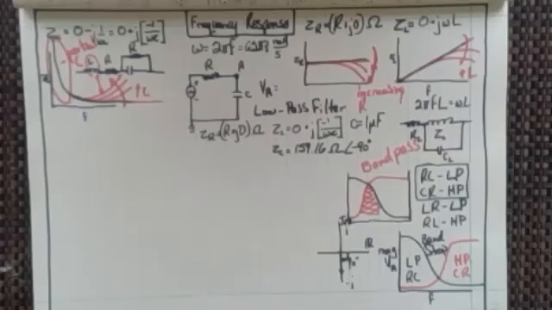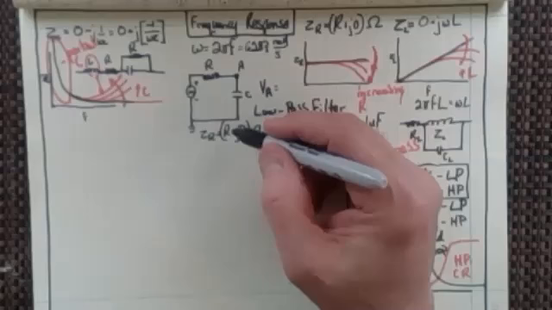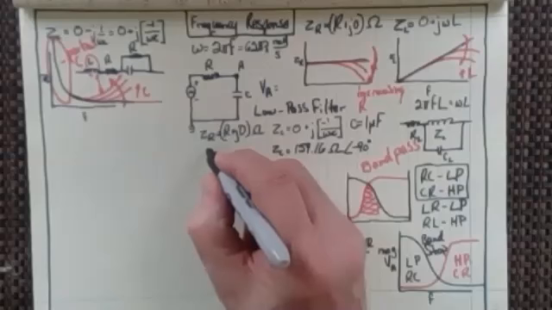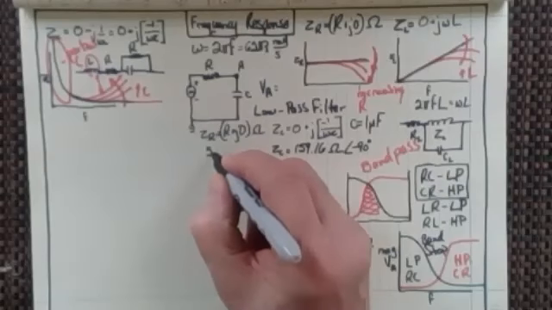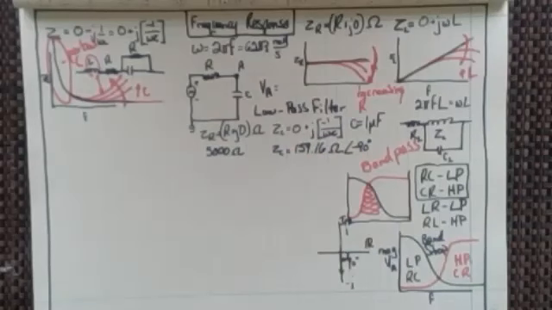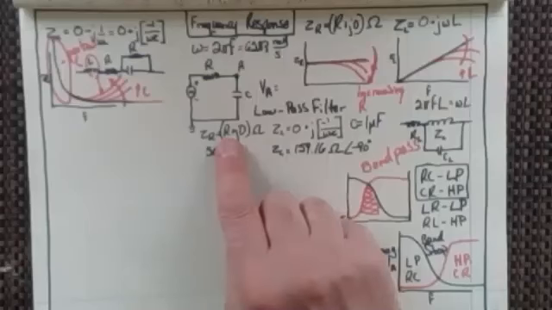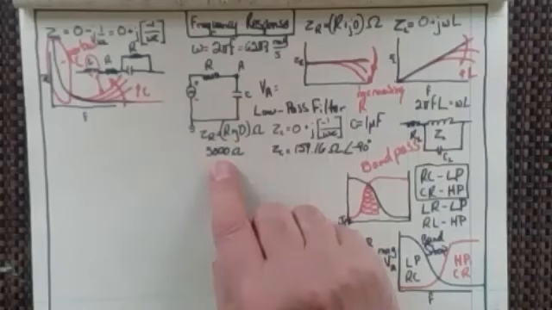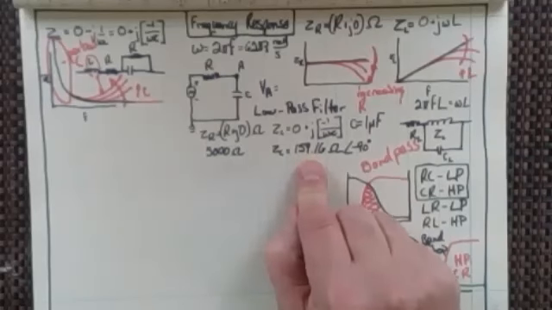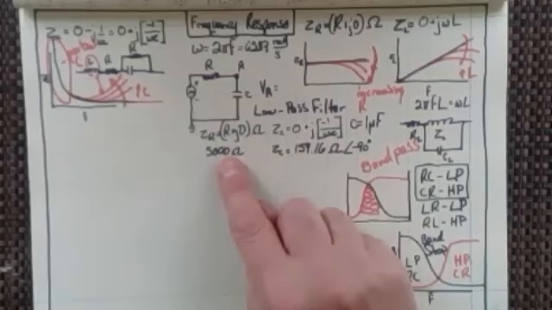And then let's say that the resistance here is 5,000 ohms, right? So we can see that at 1,000 hertz, the resistive aspect would really be the greater, because if we take 5,000 squared plus 159 squared and take the square root, it's going to give me 5,000.